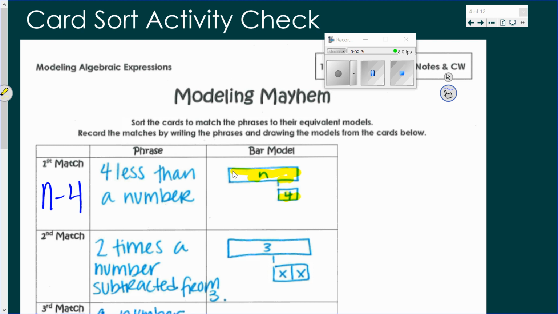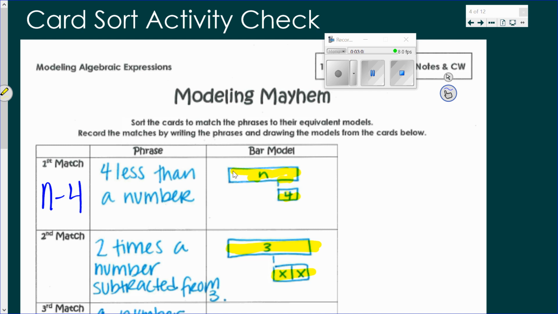2 times a number subtracted from 3. So in this case, guys, the whole is represented by 3. Okay? The next specific thing it says is 2 times a number. Do we know what that number is? No. In this case, they called it x. So you have the whole of 3, and then you have 2 x's being taken from it.